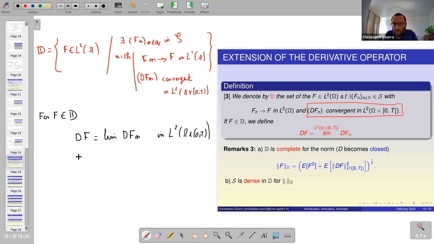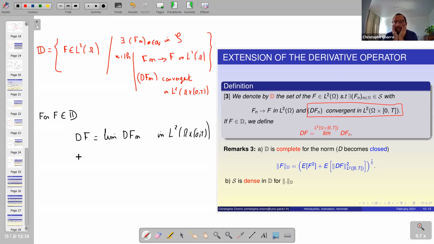Because if I have two approximating sequences that converge toward f and the associated derivatives are convergent, then the limits of the derivatives are the same. Okay? So we have this definition for the derivative operator, the more general definition that we will have for the derivative operator in the Malliavin sense, using approximating sequences.